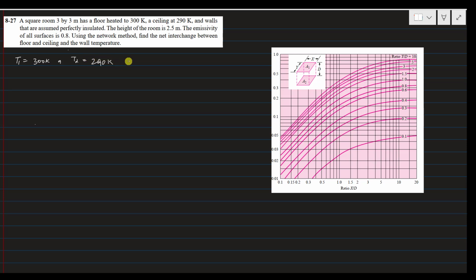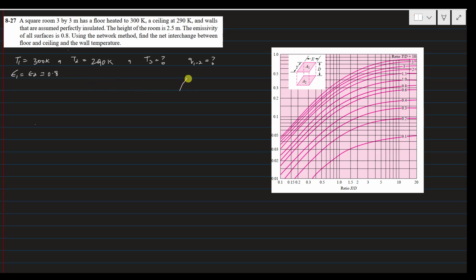The wall temperature we need to find, that is T3, and the net heat transfer between the floor and the ceiling, that is 1 to 2, is also what we need to find. The emissivity of surfaces 1 and 2 is equal, and it is 0.8.